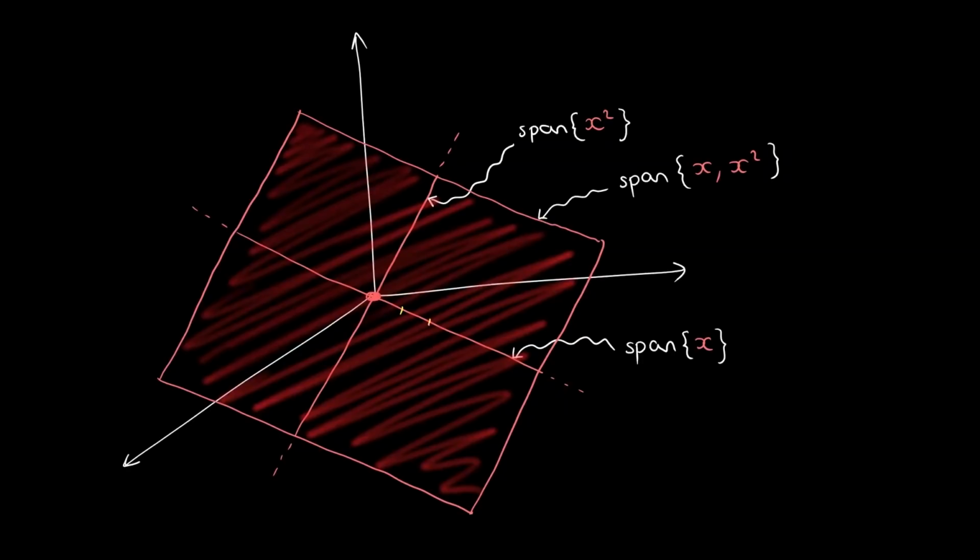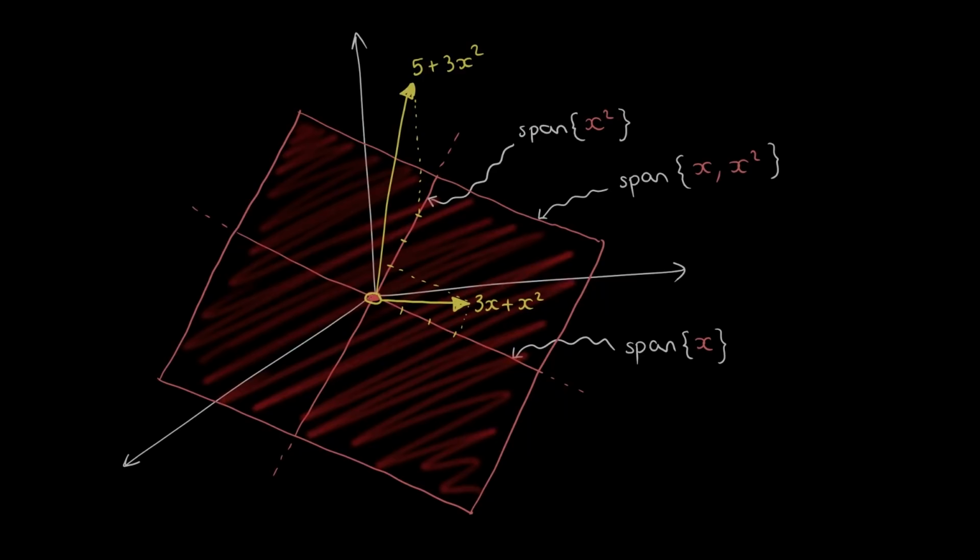For example, the polynomial 3x plus x squared is contained in this plane, while the polynomial 5 plus 3x squared is not. Notice how remarkable it is, being able to think of polynomials as vectors. Let's consider a final playful example.